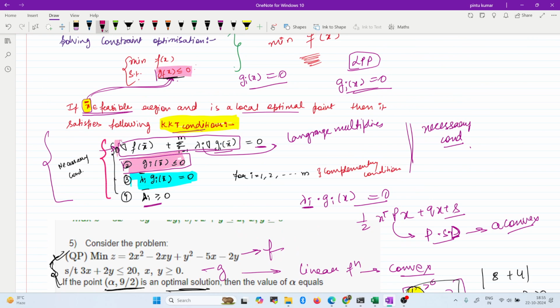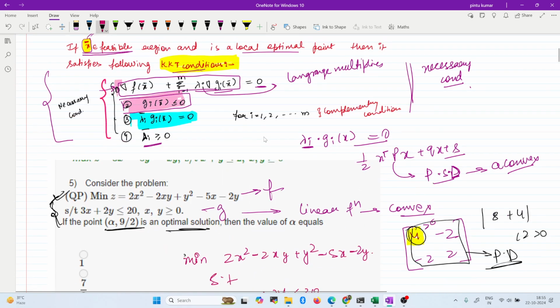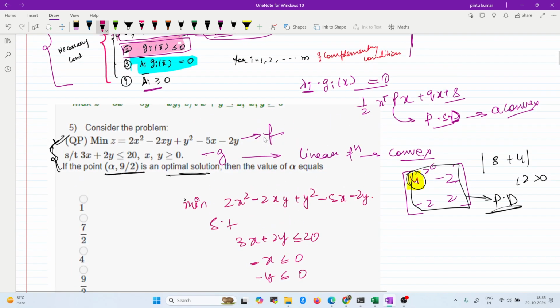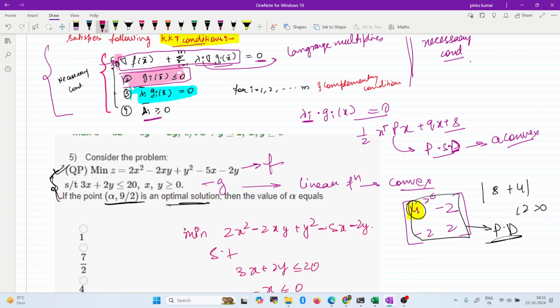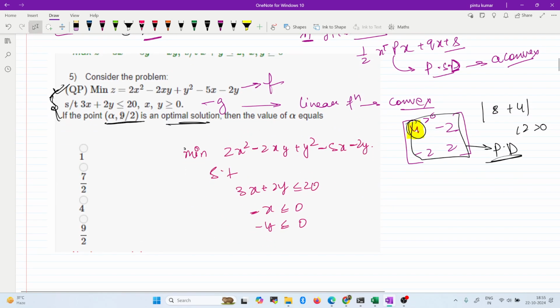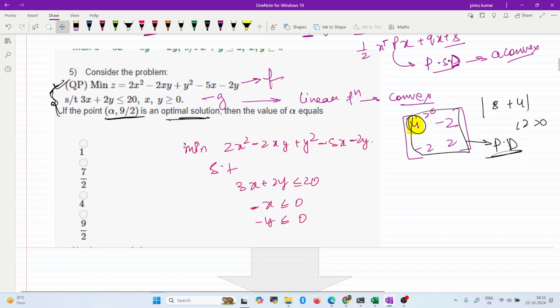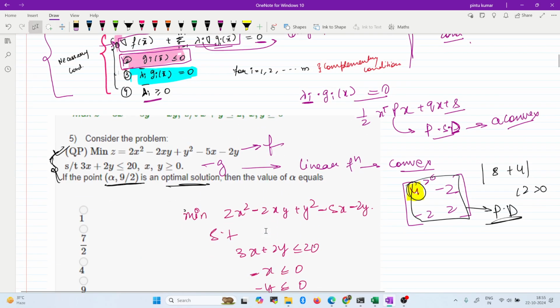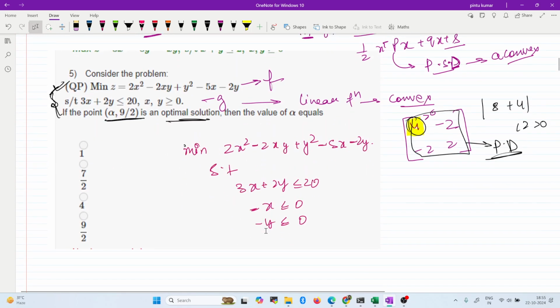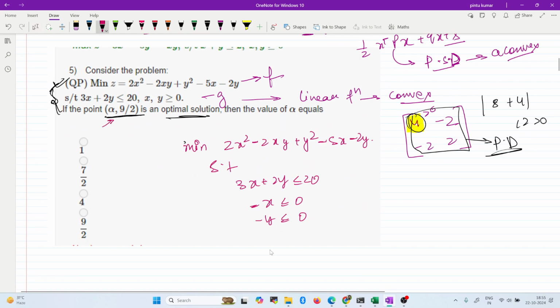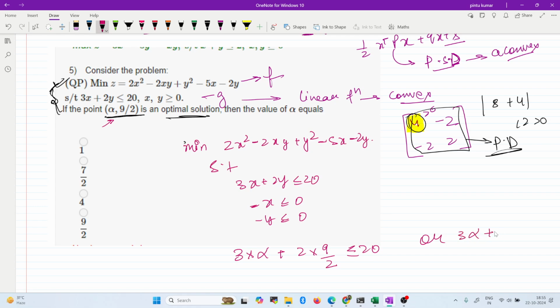Now what is the first condition? That this sum should be equal to 0. We can start with the easier condition, condition 2. Because this is an optimal solution, it should satisfy all the KKT conditions. Condition 2 says g_i of x bar is less than or equal to 0. So if this is your solution, then 3 times alpha plus 2 times 9 by 2 should be less than or equal to 20, or 3 alpha should be less than or equal to 11.